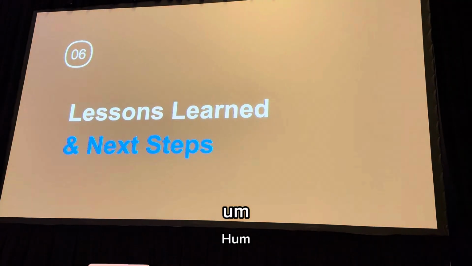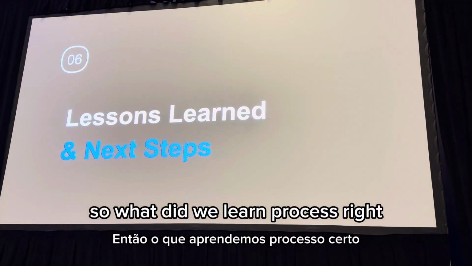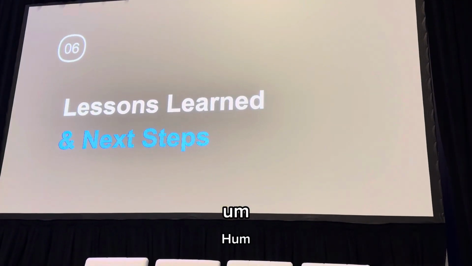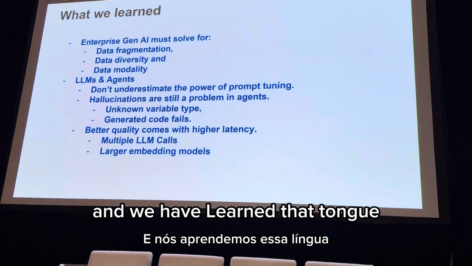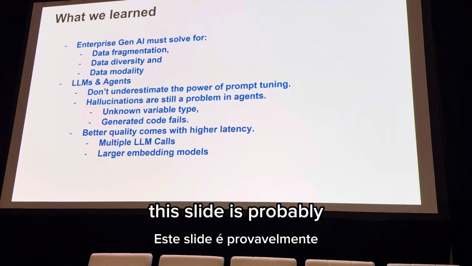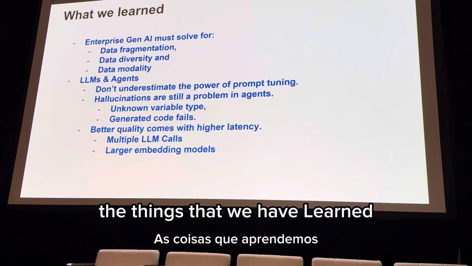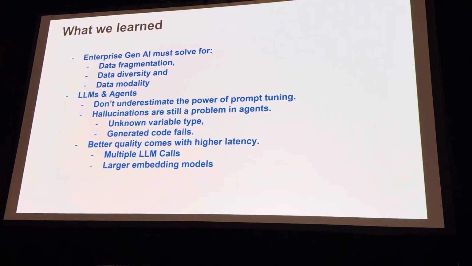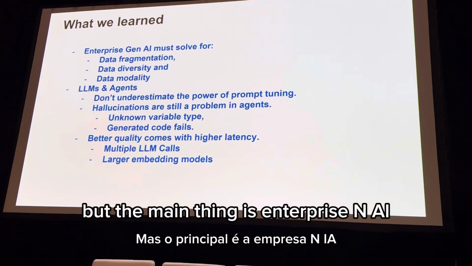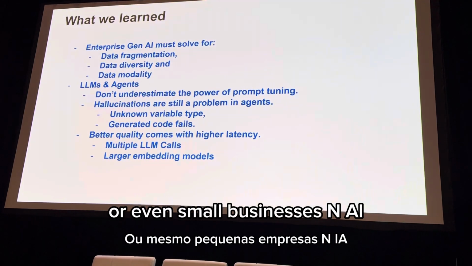So, what did we learn in the process? It's been a journey for us, and we have learned a ton. This slide is probably not doing justice to all the things that we have learned, so I didn't want to put any more text on a slide. But the main thing is enterprise Gen AI, or even small business Gen AI.